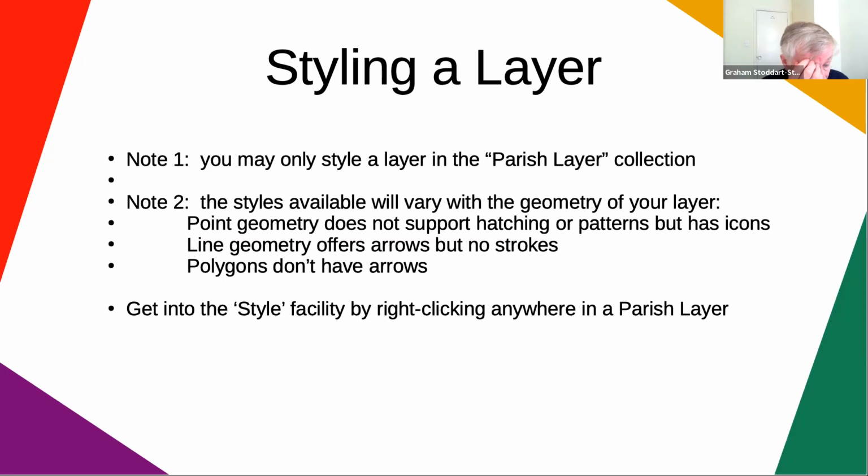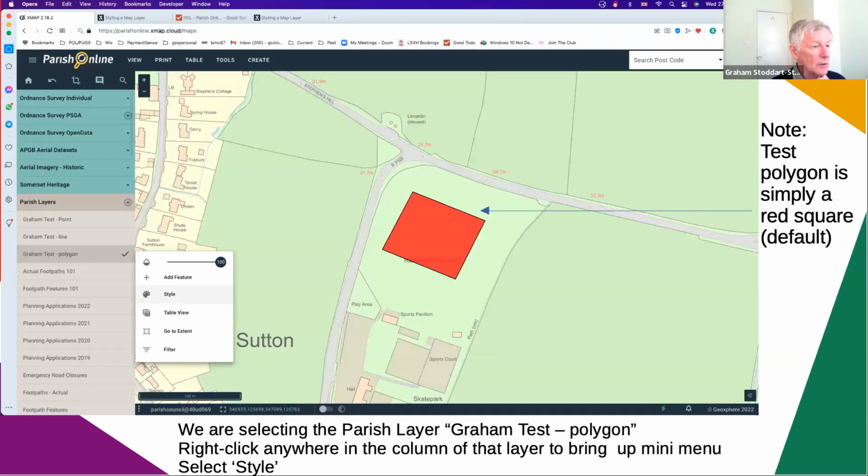To get into style, you just right-click anywhere in a parish layer. In this example, I've clicked on the Graham test polygon layer, which turned it on, so you can see the test polygon that we used. Then I right-click to come up with this mini menu, and we're going to click on Style.